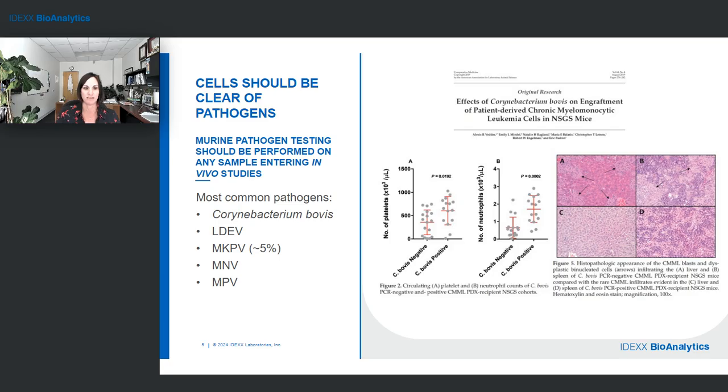You can see that in these histology images here where the expected CMML blasts were lacking in the liver and the spleen. So this shows how this still very prevalent rodent pathogen can significantly alter the outcome of a study.